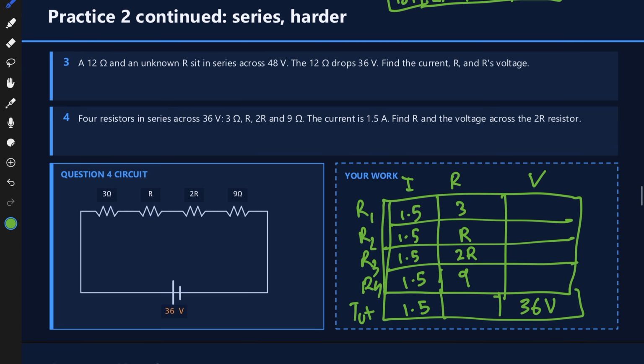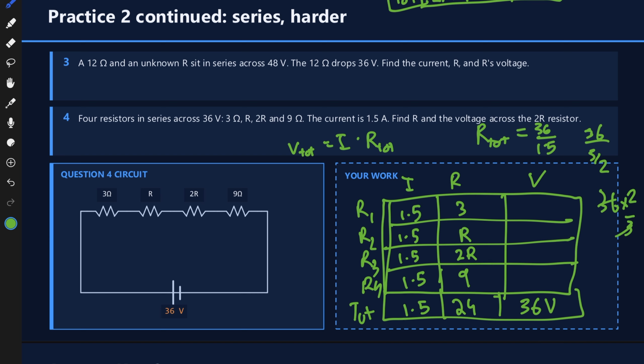Okay, so voltage total is equal to I times R total, right? So R total is 36 divided by 1.5. 36 divided by 3/2, 36 times 2/3, right? Or 24.